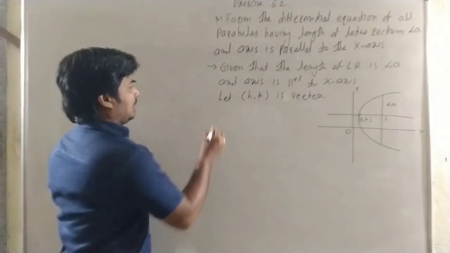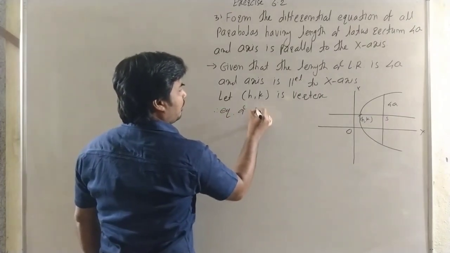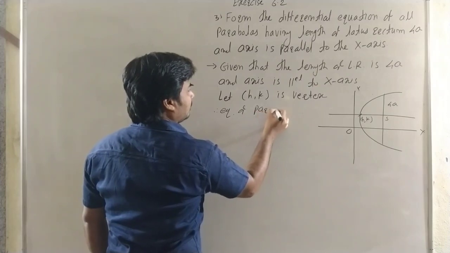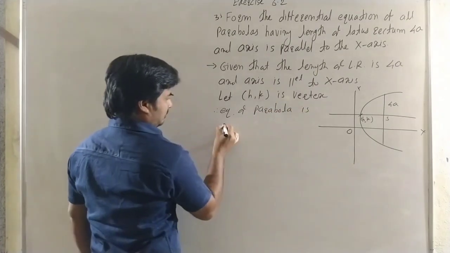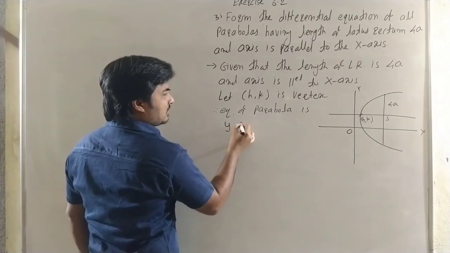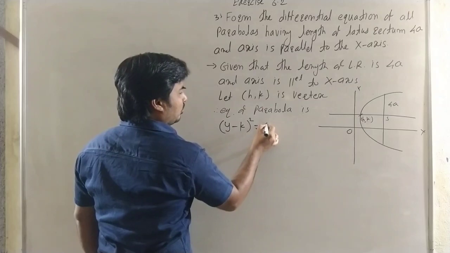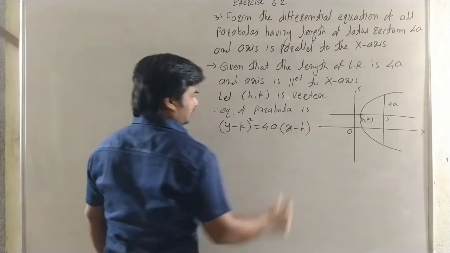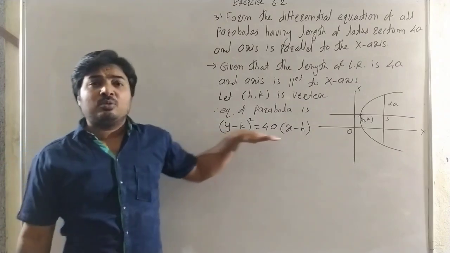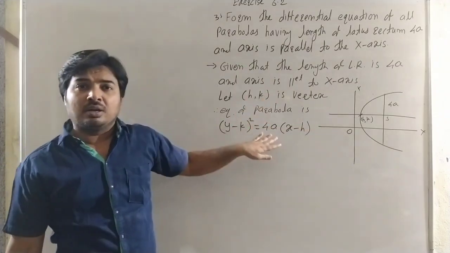Now the equation of parabola is y minus k whole square is equal to 4a into x minus h. Here it is an equation of the general parabola. Here the length of latus rectum is given.